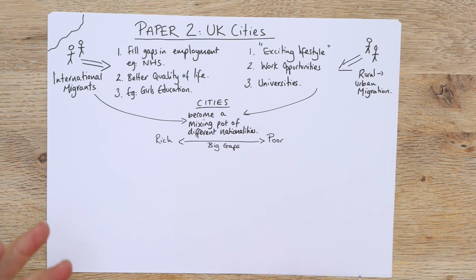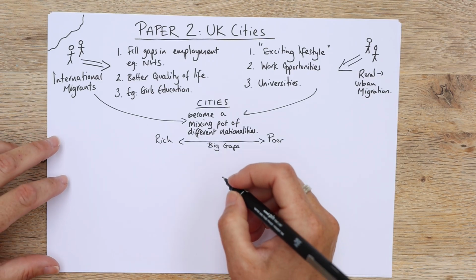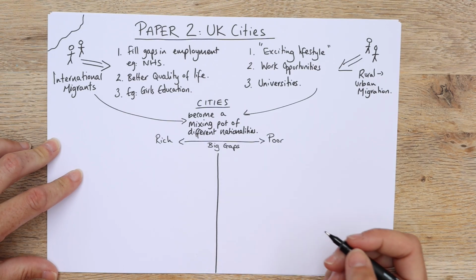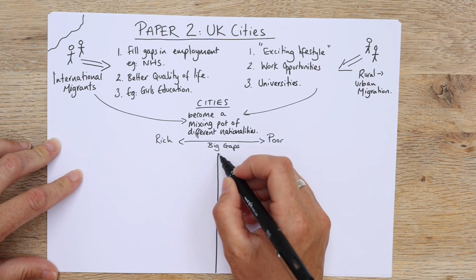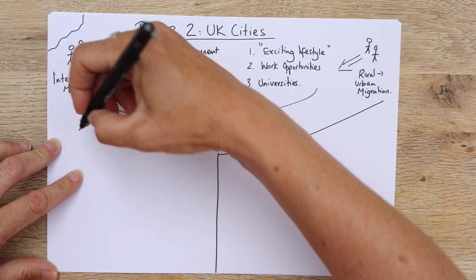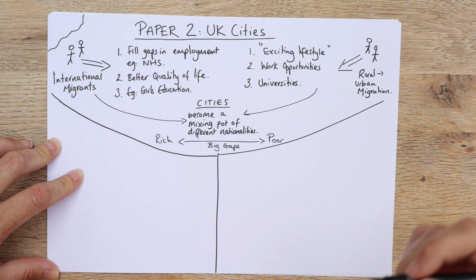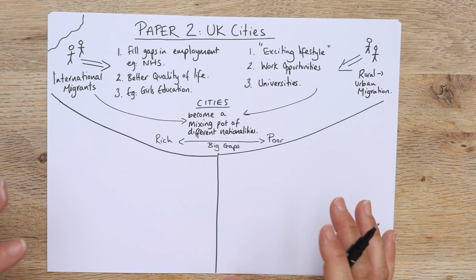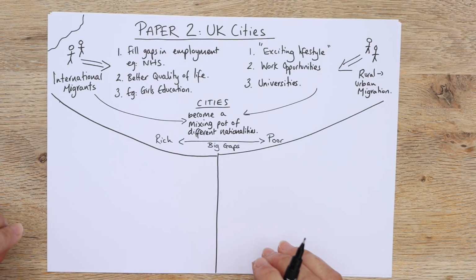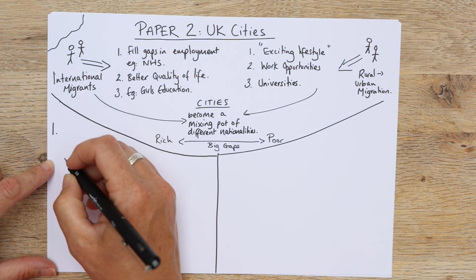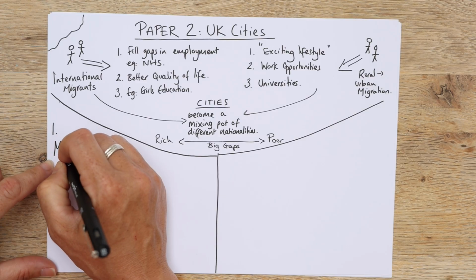There's a kind of level of social inequality. Now, what we'll do, just draw a line down here, okay, and just take that up there, and that on there, right. And what we're going to do now is look at our two areas. So, firstly, let's have a look at Manchester.